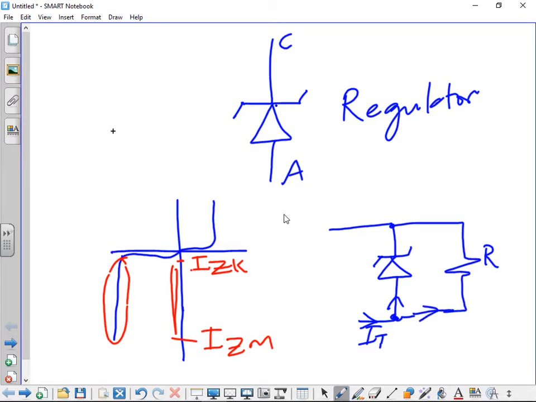So this one we shall call IRL, and over here we have IZ. So the Zener current that's going to go here must not be less than IZK or more than IZM. And for as long as we have minimum current of IZK and maximum current of IZM, this Zener will maintain regulation, meaning the voltage here on the output will be a constant voltage. I hope that is clear.